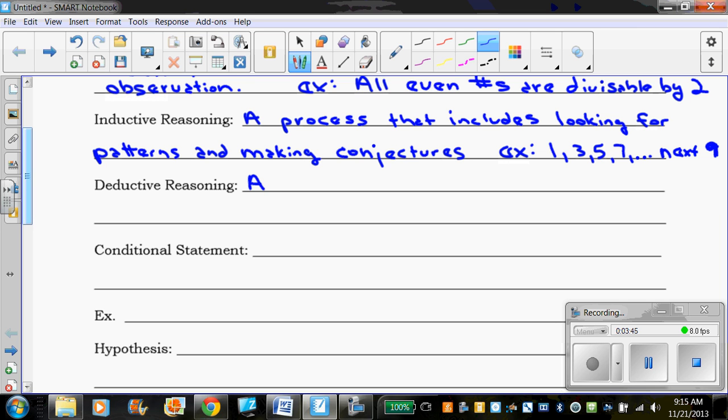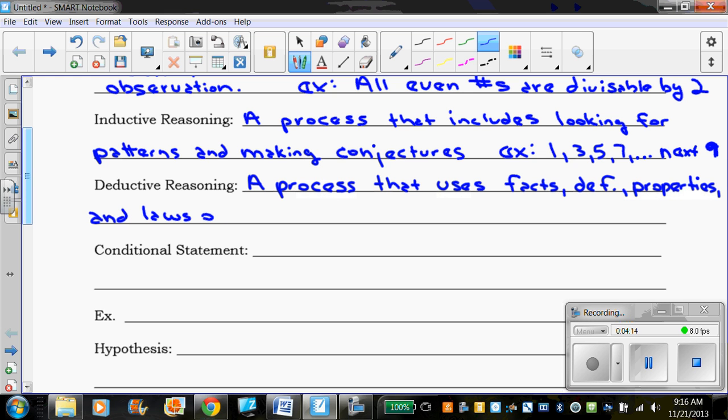It's a process that uses facts, definitions, properties, and laws of logic to form a logical argument.